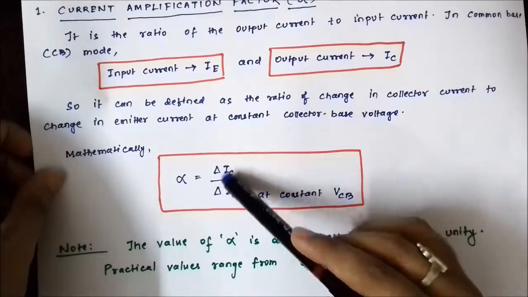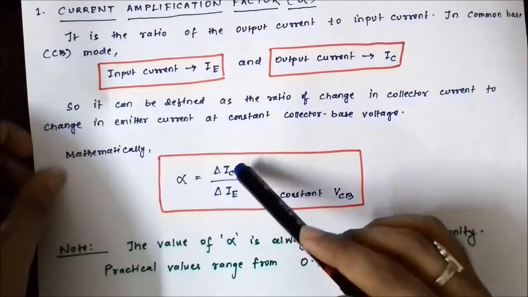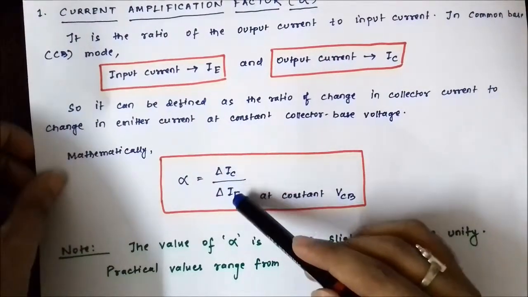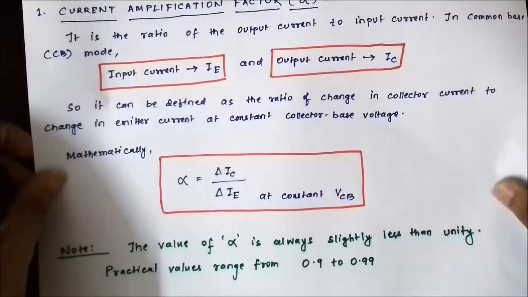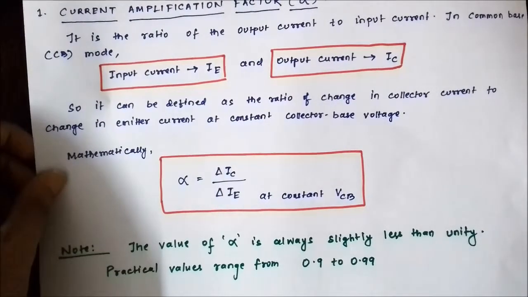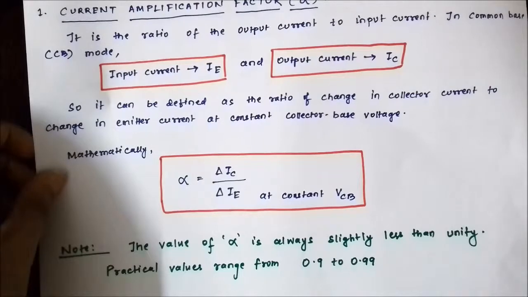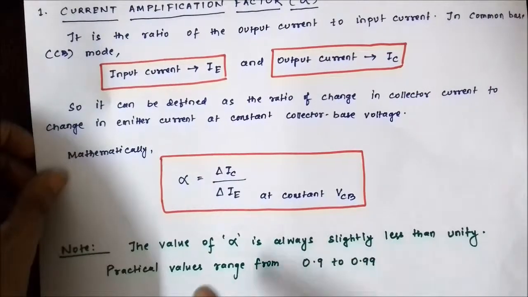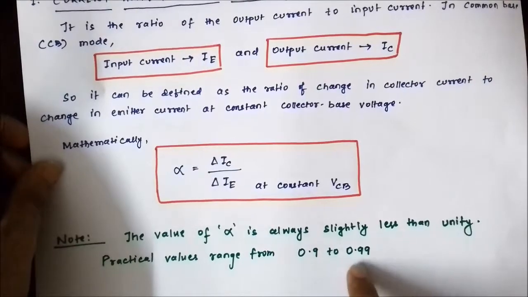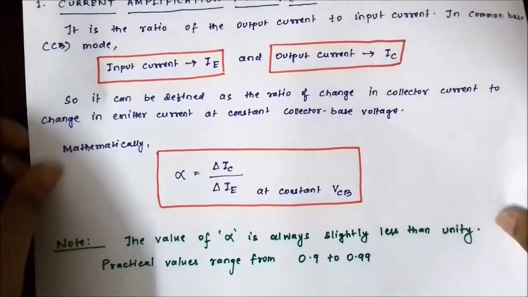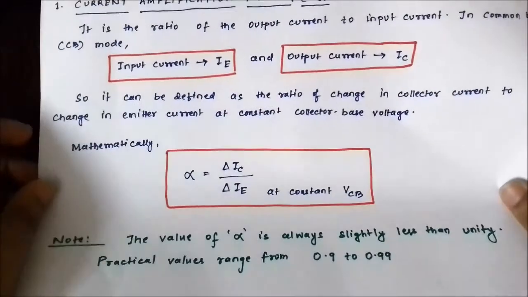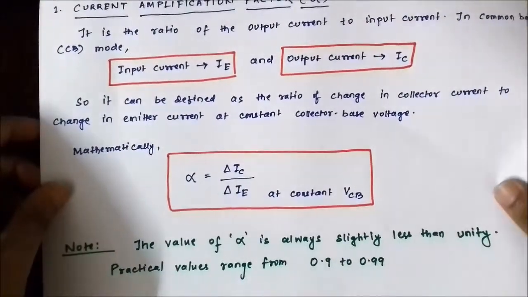So whenever you determine the ratio, it will always be less than 1, because IC is slightly less than the emitter current. So the ratio will always be close to unity, but not exactly 1. The practical values of alpha, the current amplification factor for common base mode BJT, range from 0.9 to 0.99.